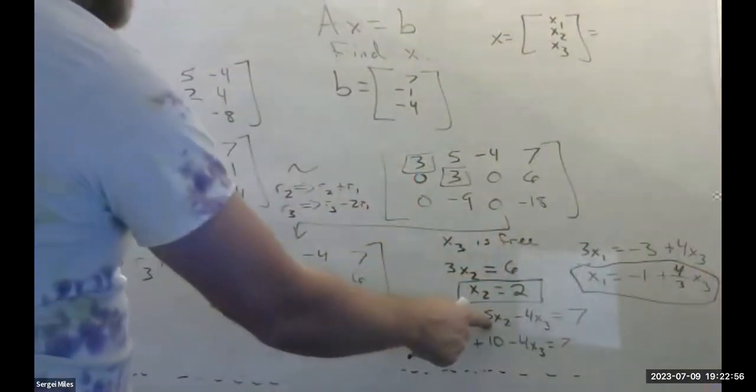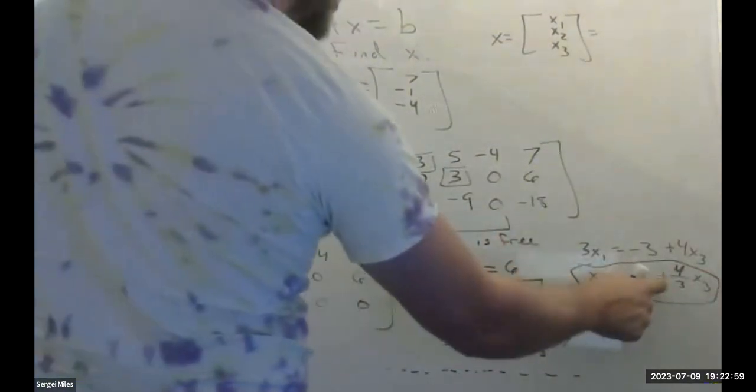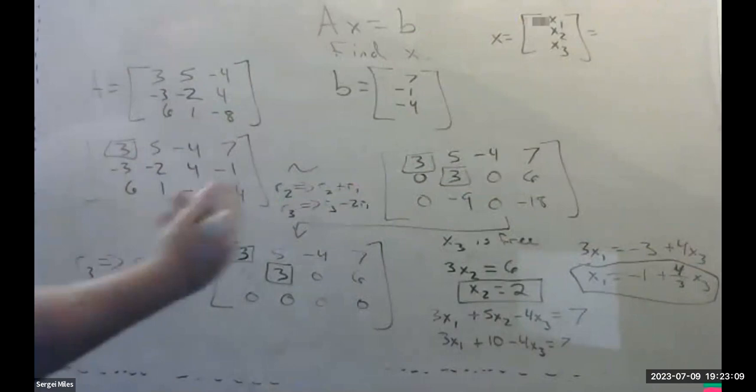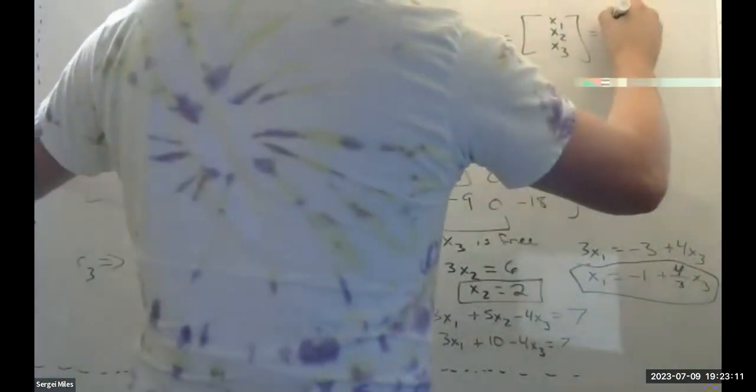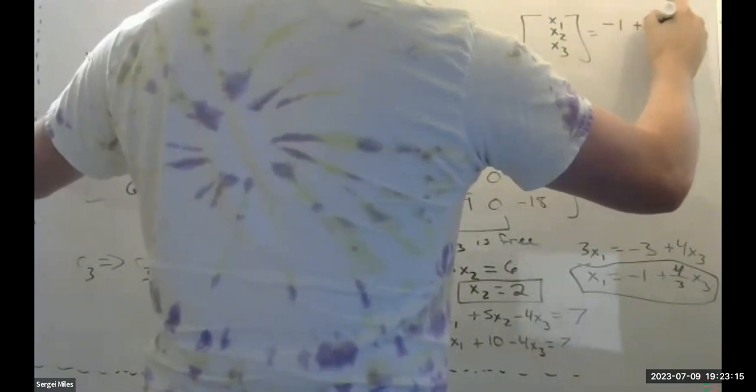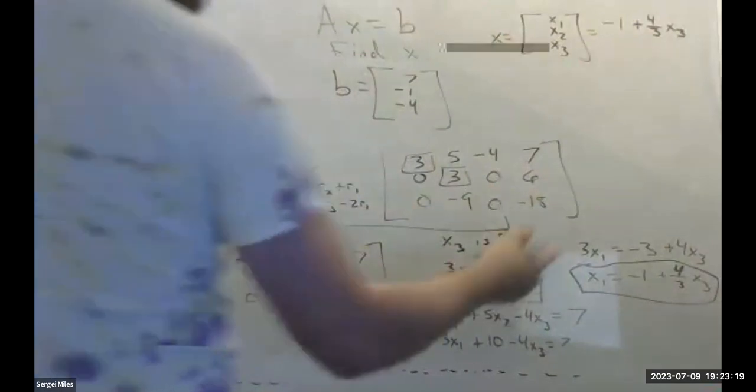If you had put x2 in the equation here, your answer would be wrong because x1 does not depend on x2 since x2 is also a pivot, right? x1 equals -1 plus 4/3 x3.